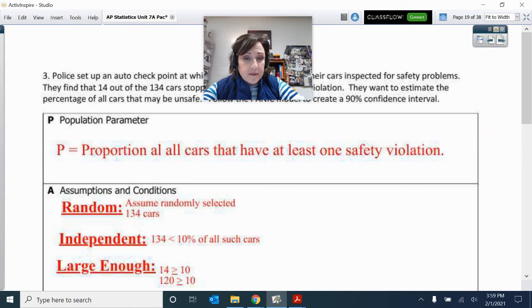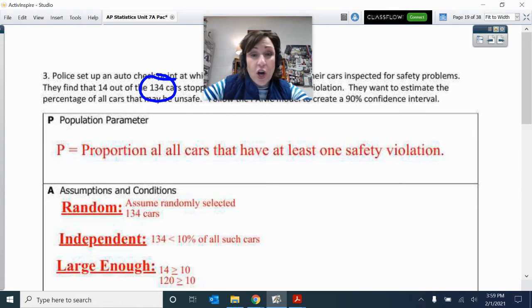All right, next. This is the proportion of all cars that have at least one safety violation, not the proportion of cars that were checked. You could say the proportion of cars who get checked, but make sure it's not referencing the 134 cars.